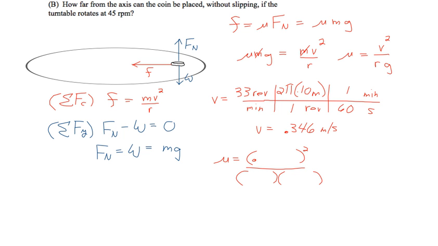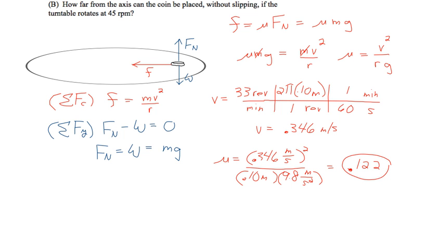So I'm going to put in 0.346 meters per second. I'm going to put in 0.10 meters and 9.8 meters per second squared. And that's going to give 0.122. You plug in those numbers, 0.122. So that's your answer for part A.